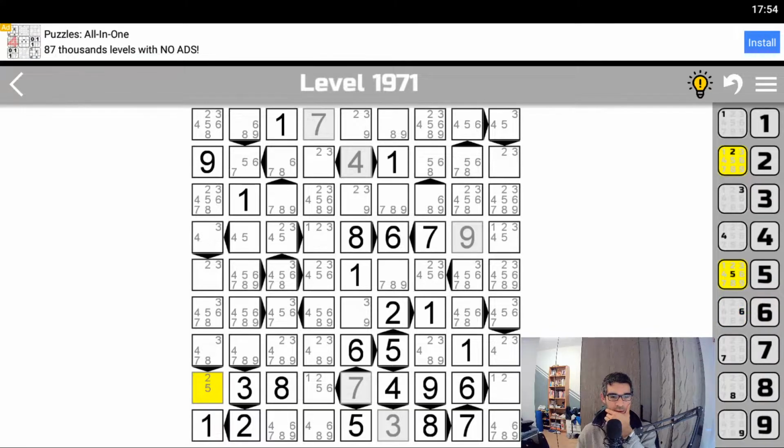So this could be a 2 or a 5. This could be also a 1, a 2, or a 5. This could be a 1 and a 2. So again, that doesn't really give me that much other than having an 8 here removed. And also here. But again, 6, 7. So that means that this can be a 7. So this gives me some more insight. But again, it's not really something that's going to allow me to know 100% where a number is placed. But again, the 8 here is useless. Even if I remove the 8 here and the 8 here, again, it doesn't really give me that much.